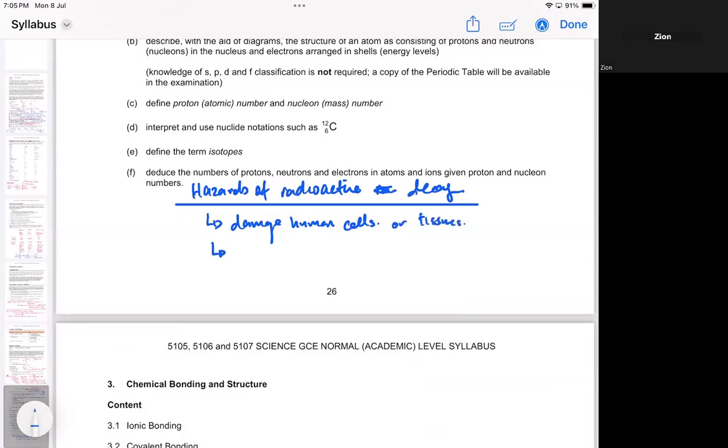Why is it able to do this kind of damage? Because it can damage tumor cells also, right? So it can also do the same thing to healthy cells.